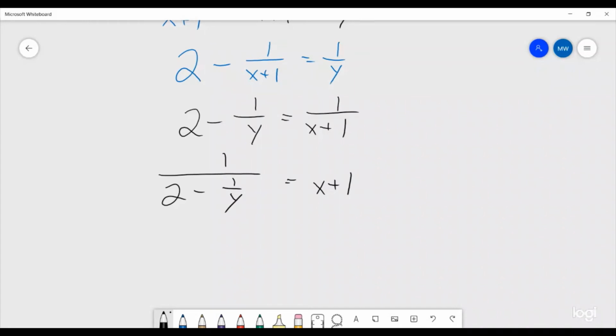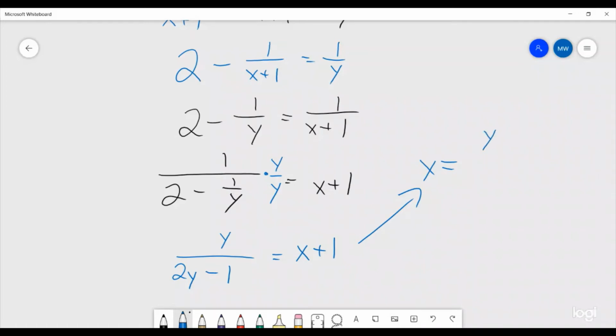Let's simplify the other side so we don't have a fraction inside a fraction. Multiply the top and bottom by y over y. That gives us y over (2y minus 1) is equal to x plus 1, which tells us we can write x equals y over (2y minus 1) minus 1. And that is our inverse function.